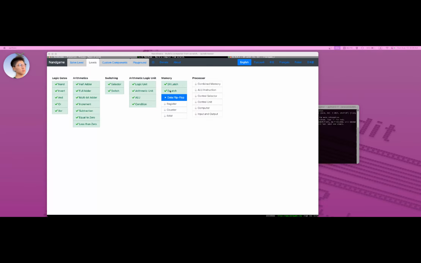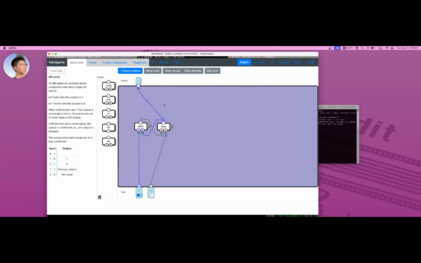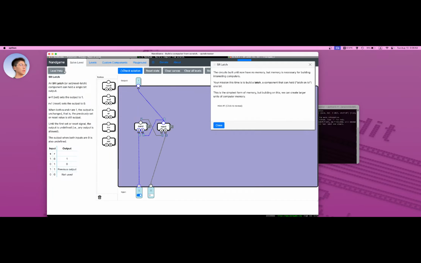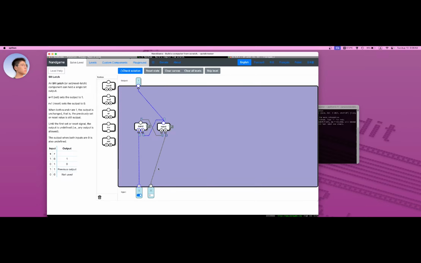This was not difficult, but this one was difficult, because it was so simple that I couldn't solve it. So I asked for help, and it says you need to use some kind of circular connection. And I was thinking maybe I need to use this one and do circular connection, or this one. But it turns out I just need two NAND components.